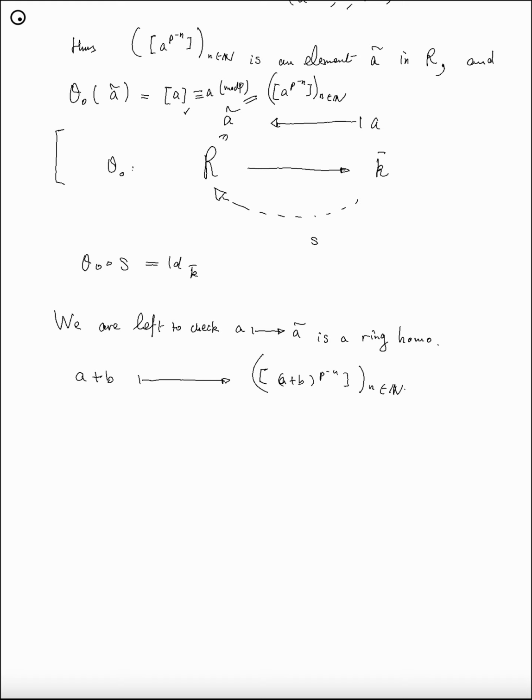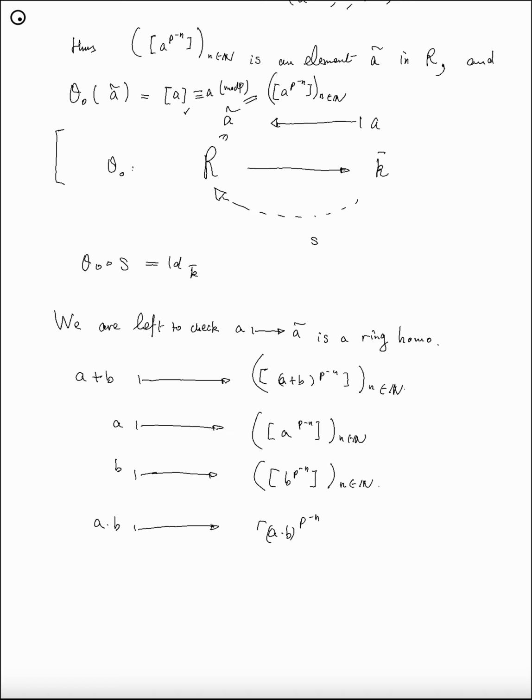And a is mapped to a to the power p to the minus n, b is mapped to b to the power p to the minus n, and a times b is mapped to a times b to the power p to the minus n.